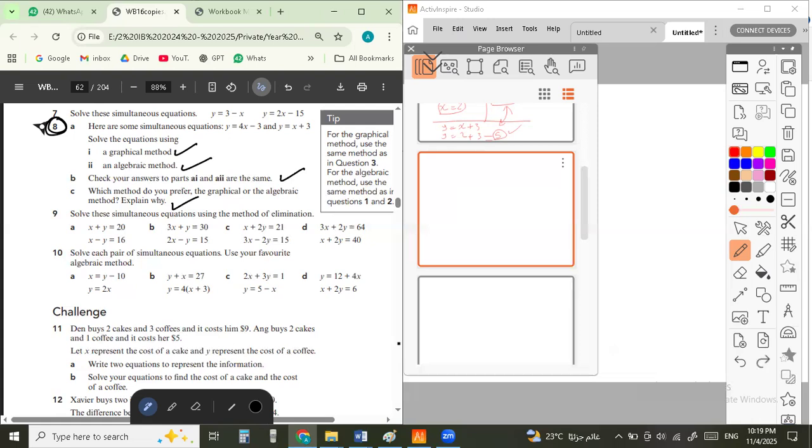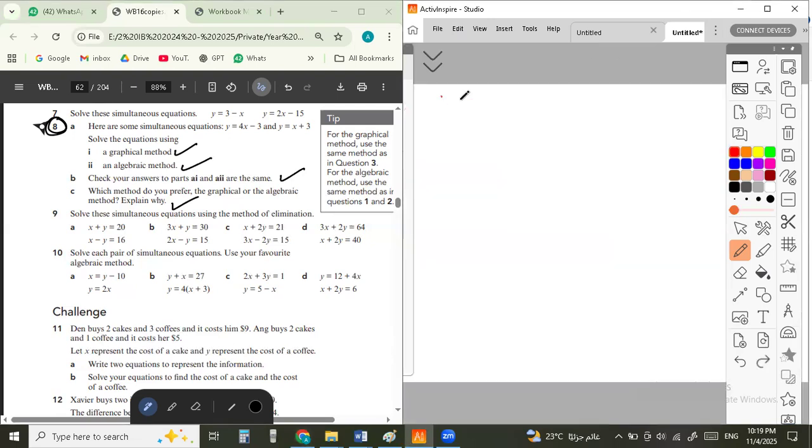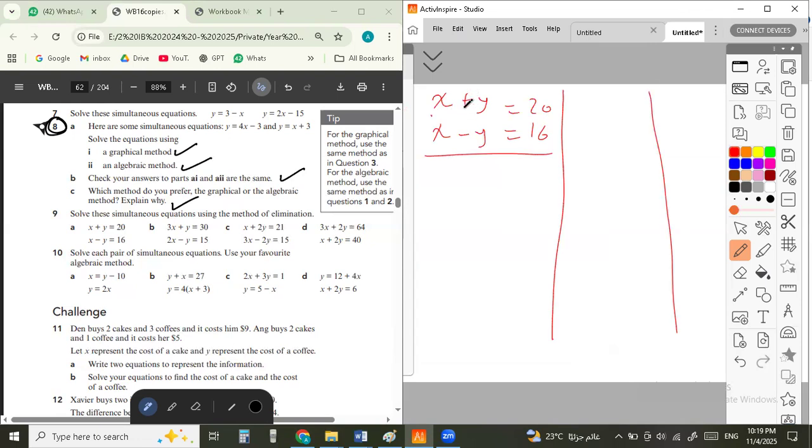Solve the simultaneous equations using the method of elimination. Let's go. Here, x plus y equals 20 and x minus y equals 16. Ready for elimination? Yes, ready for elimination. Add or subtract? Add, mister. Addition is what will help me eliminate. x plus x is 2x. y plus negative y, bye-bye. 20 plus 16 is 36.